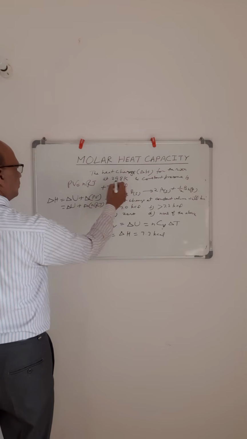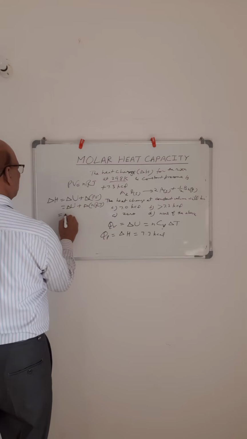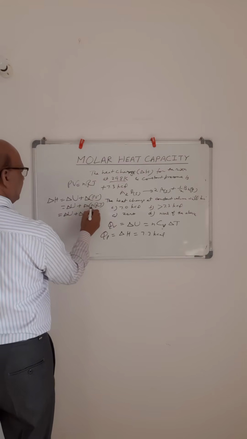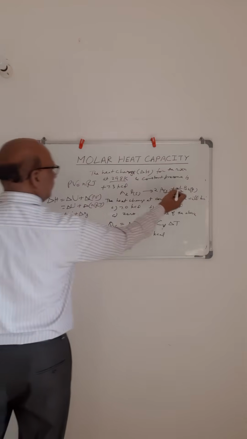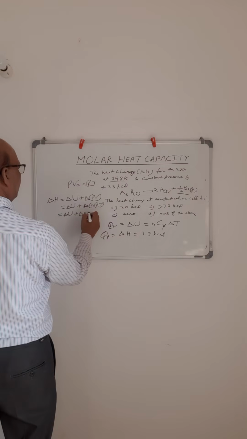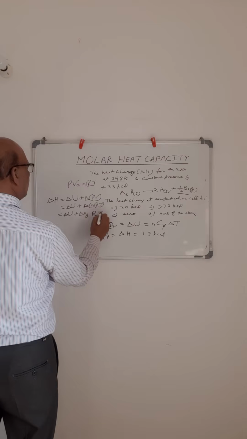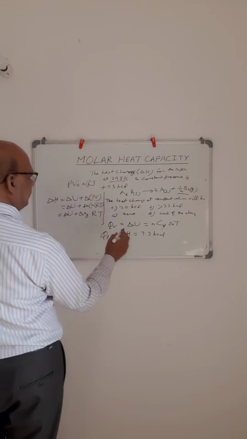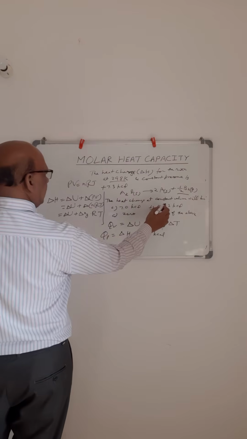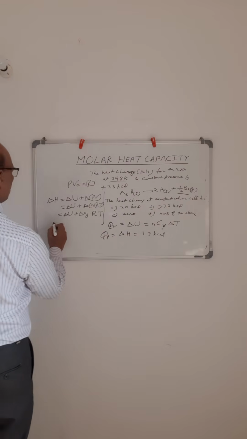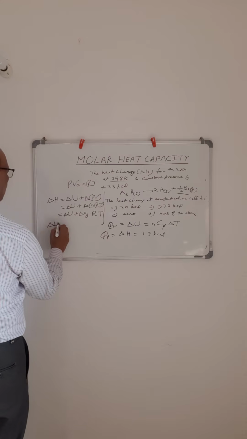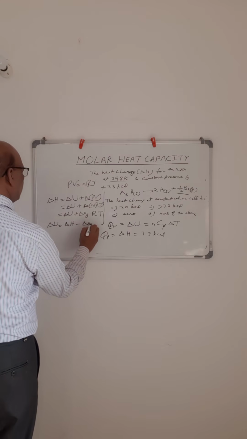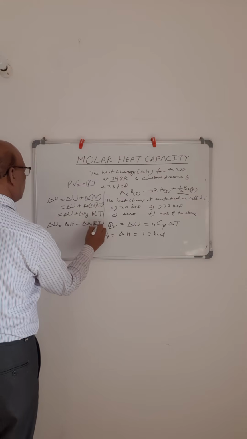Here temperature is constant at 298 Kelvin, so this I can write as delta U plus delta Ng into RT, since gas is formed as one of the products. What we have to find out is the value of heat change at constant volume, so delta U will be delta H minus delta Ng into RT.